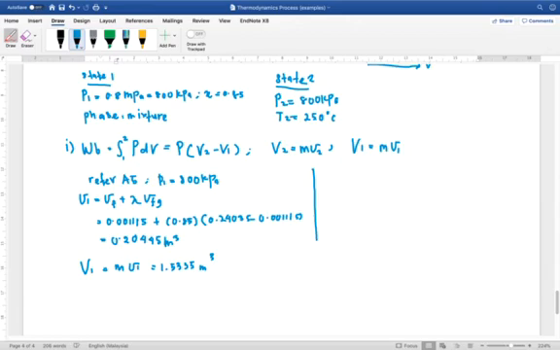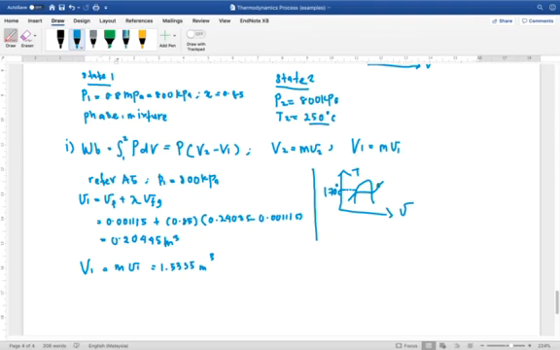You can sketch a PV diagram or TS diagram, up to you. I want to sketch a TV diagram because I choose pressure as my reference. If I draw the TV diagram, this is my constant pressure line. If I refer to A5 at 800 kPa, the saturation temperature I get here is 170 degrees Celsius. Given here, the temperature is 250.